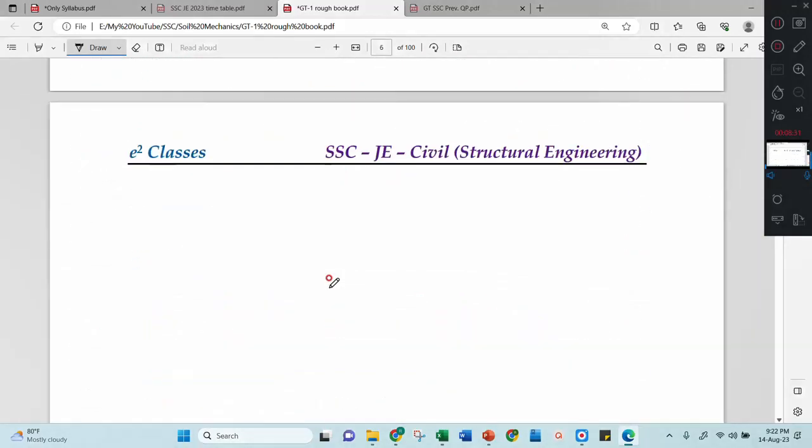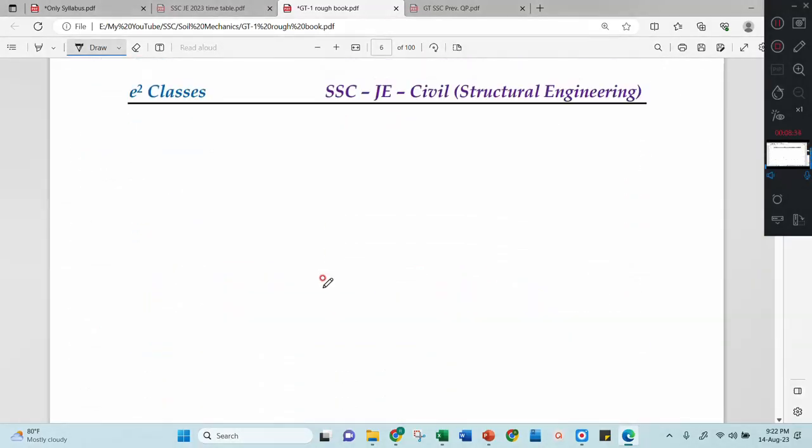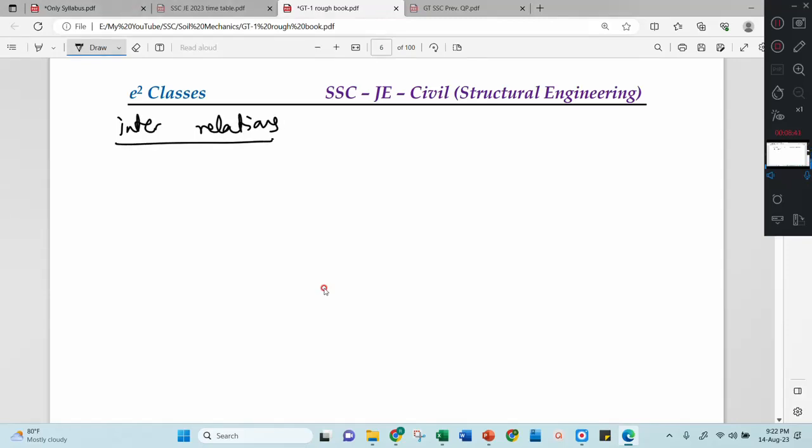Right? Now we have interrelations. We need to study interrelations. First one I will write: gamma B is equal to (G plus ES) divided by (1 plus E) into gamma W. This is the bulk density. And if I want the dry density, then I have to substitute S equal to 0, which means this term will cancel.